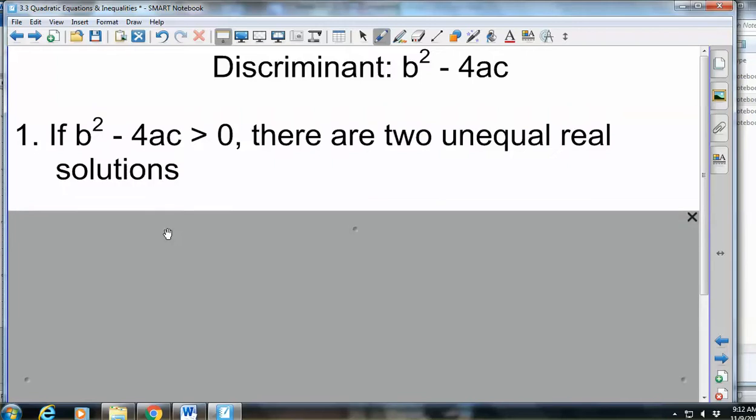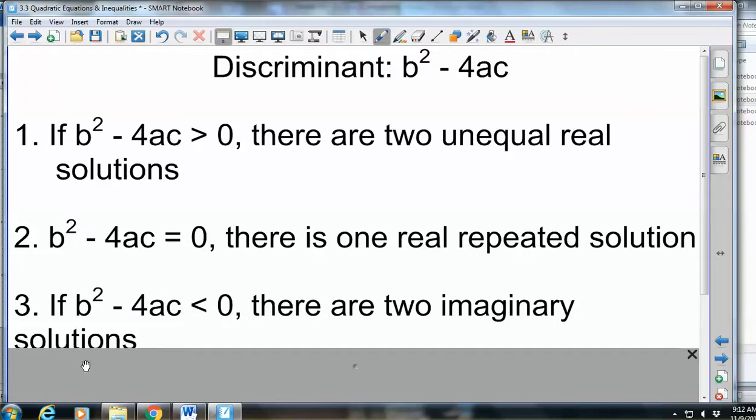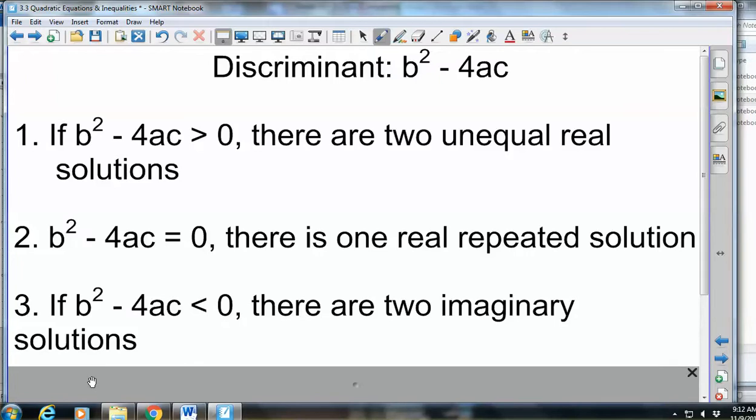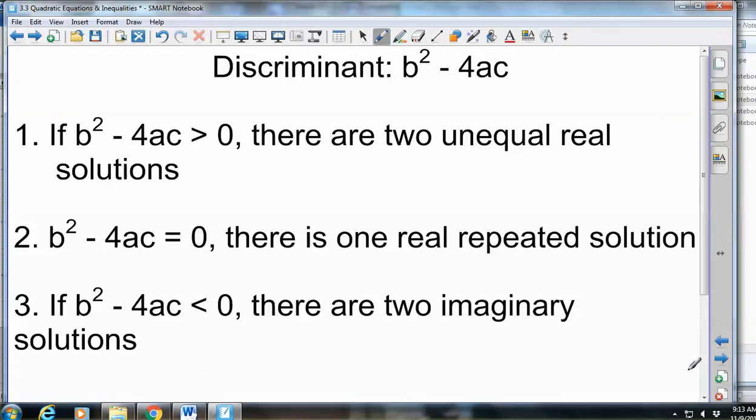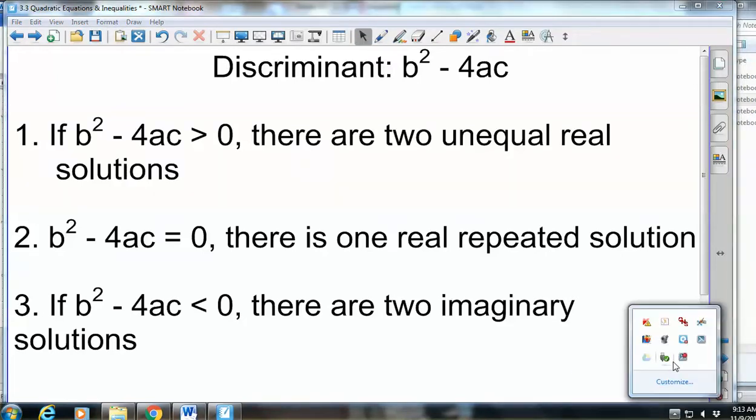If that is positive, you're going to get two different real solutions, because you'll have something plus and something minus. If it's a negative, that's when we got our two imaginary solutions. And when it was 0, we just got one solution that was repeated. So I would jot that down. You can abbreviate if you need to.